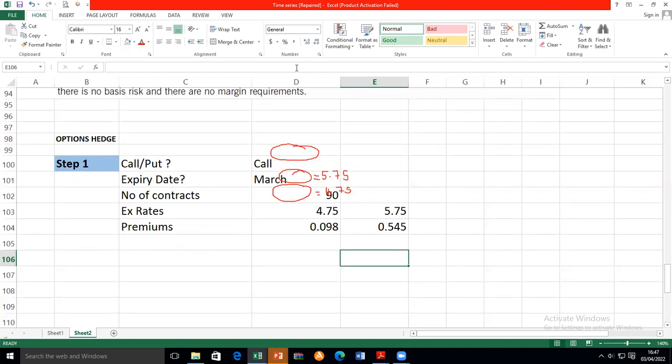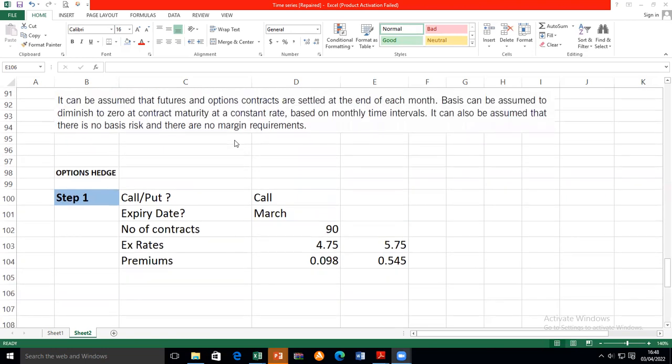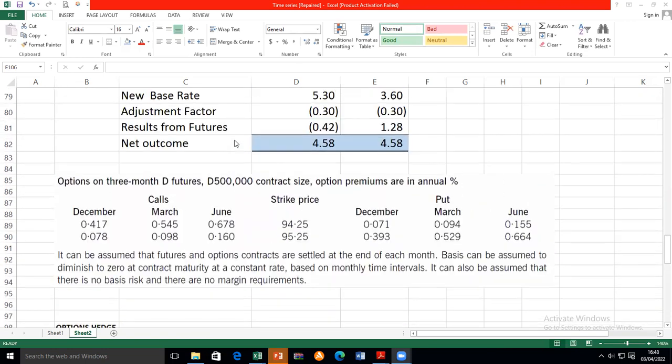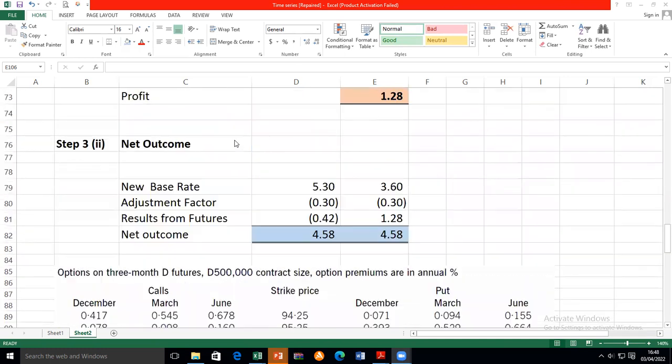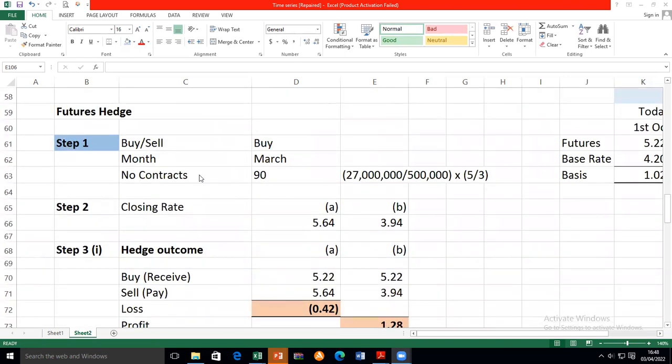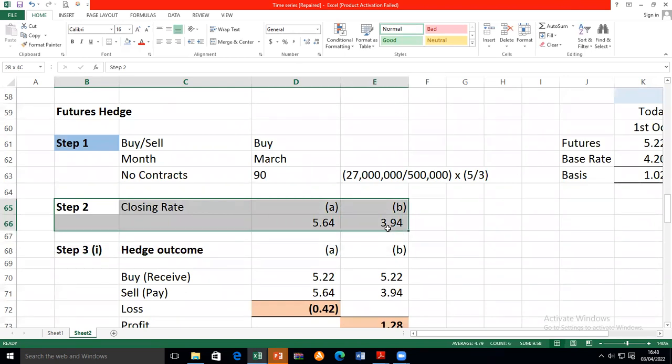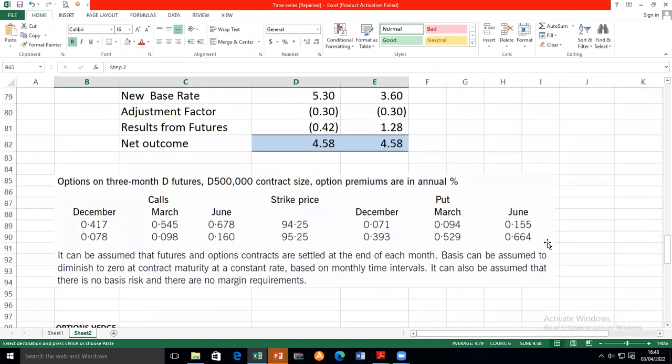You have shown us everything. You have set up the hedge. Now, here's the interesting thing about an options hedge. The closing prices. Do you know the good news? The good news is that you have already done them under futures.